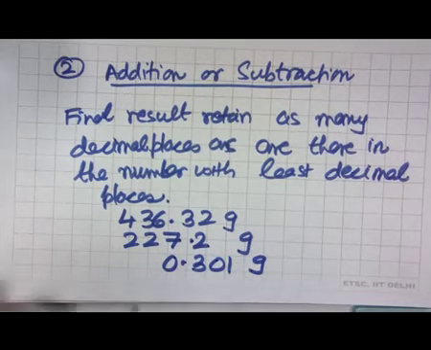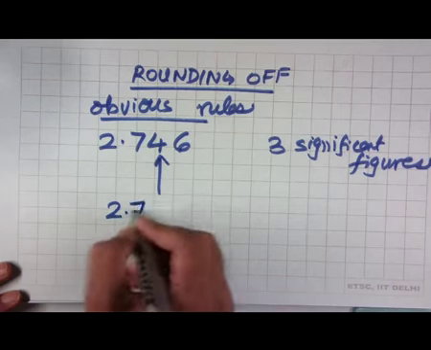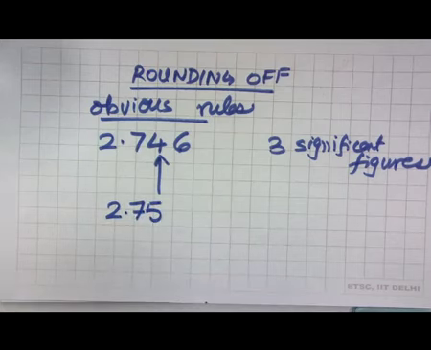You calculate a number, you get this, and you want to now write it up to 3 significant figures. 3 significant figures means we have to go up till this digit. So, now your common sense tells you, you can either put it as 2.74 or 2.75, but because this digit is bigger than half, you will round it up as 2.75.